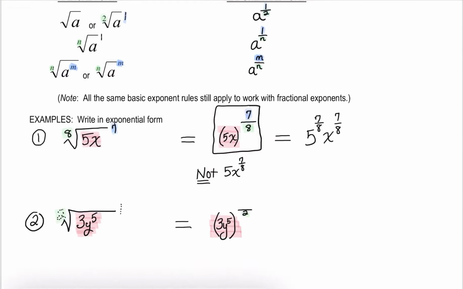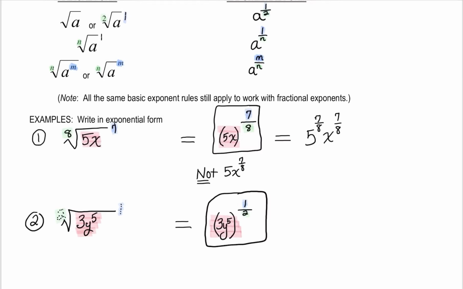So this really goes back to the most common radical, which is the plain old square root. The square root is, as we're seeing here, a 1/2 power. It's just that what is under that 1/2 power is whatever is under that radical.